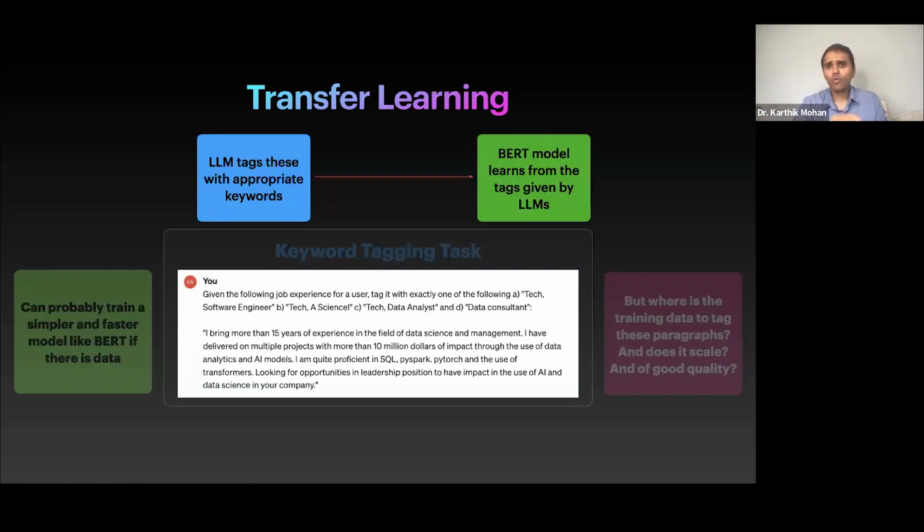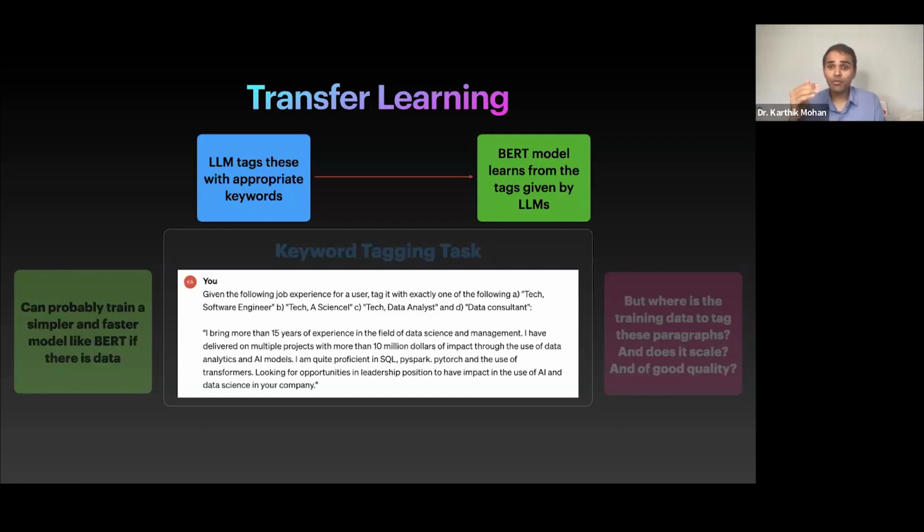And then we train a BERT model that learns to do similar tagging for these roles. You can specify the roles. You can say, like we saw, tech data analyst, tech data science, tech data consultant, or whatever. And the BERT model will learn to make predictions with some level of accuracy. Usually it's pretty accurate. May not match 100% accuracy, but you might still get 90% accuracy.